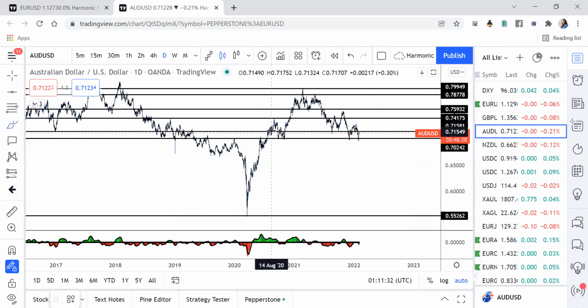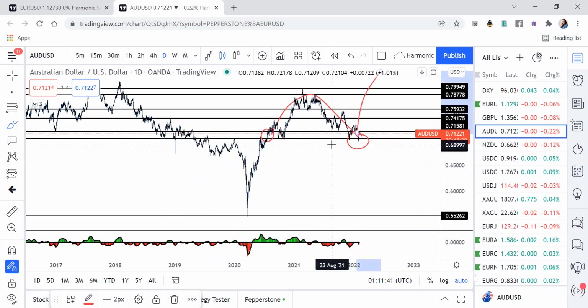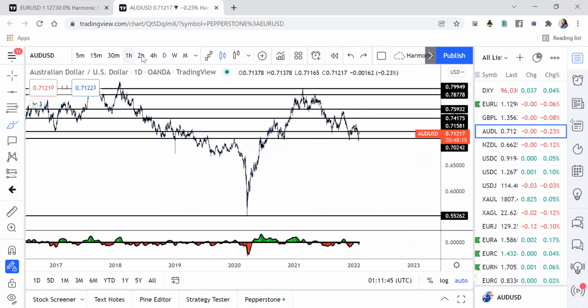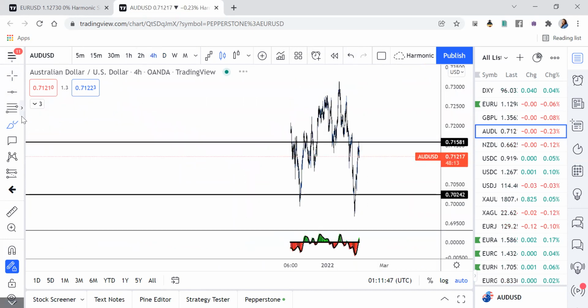So I won't ask you about that, but you do have a break of structure, price coming all the way around, give you a retest, and be looking for price to go to the upside, right? So I'm gonna scale in 4-hour time frame.